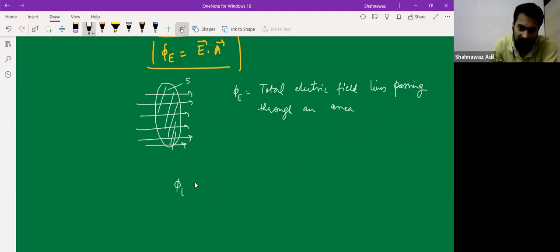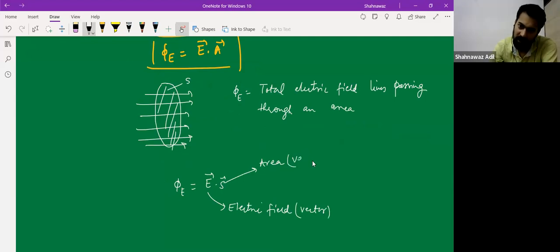So as I have written, this is E dot S or A, whatever you write. Where this is the electric field and this is the area, right? And this is a vector, right? And this is a vector.